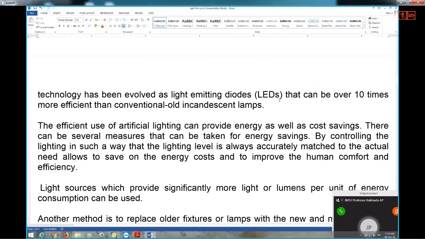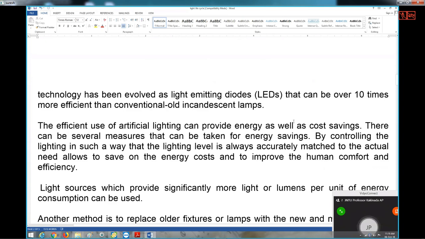The temperature rise from old incandescent lamps is more compared with CFL lamps. The efficient use of artificial lighting can provide energy as well as cost savings. As we concentrate more on energy efficiency, it will reduce the electricity bill, so we save some money.